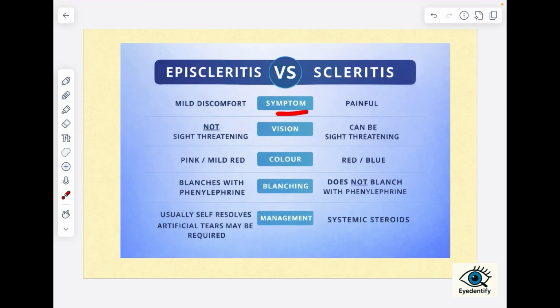There is mild discomfort in case of episcleritis, while scleritis will be painful. Vision will not be sight threatening in case of episcleritis. It can be sight threatening in case of scleritis. Pinkish or mild red in case of episcleritis, while it is red or blue-purplish hue in case of scleritis. Blanching: episcleritis blanches with phenylephrine, while scleritis does not blanch with phenylephrine.